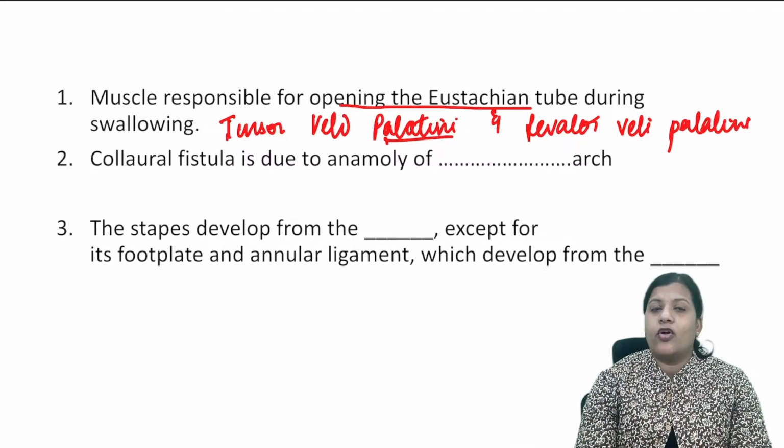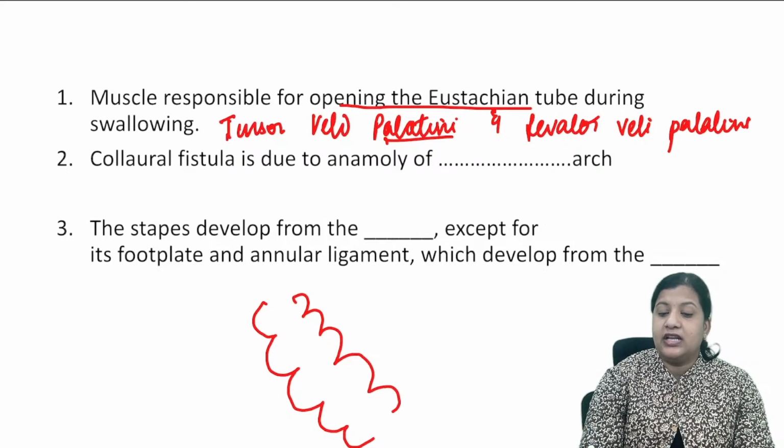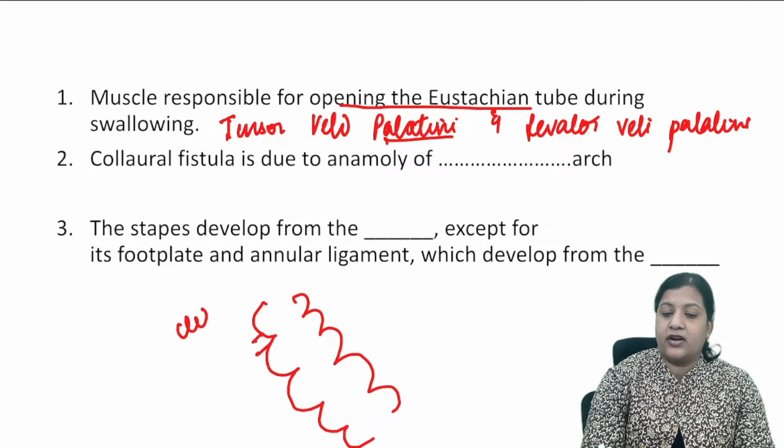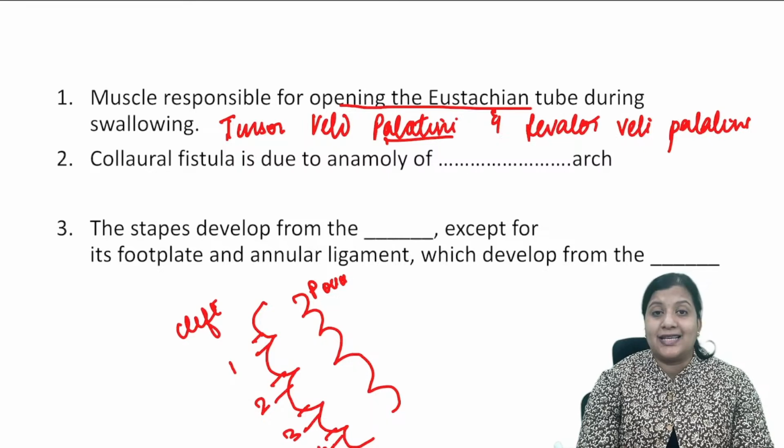Now, what is a coloboma-type fistula, the branchial fistula? It is due to an anomaly of which arch? Embryologically we have 5 arches. Each arch has a cleft on the outside and a pouch on the inside: the first, second, third, fourth, and sixth. We don't have the fifth because it disappears.